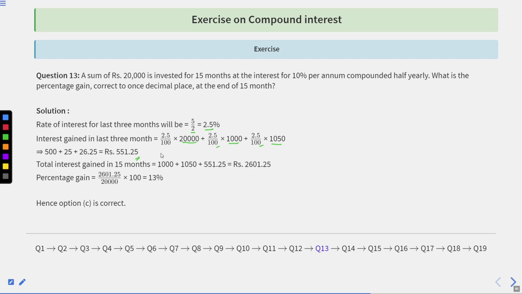So the total interest gained in 15 months is 1,000 plus 1,050 plus 551.25, which is 2,601.25 rupees. So the percentage gain is given by 2,601.25 upon 20,000 into 100, which is 13%. So the correct option here is option C.